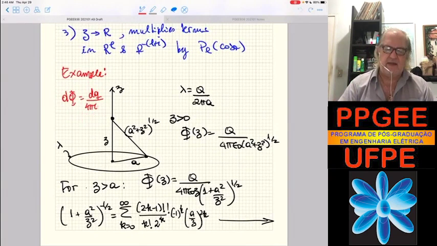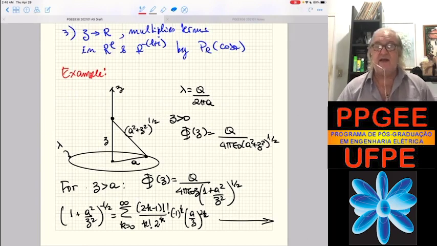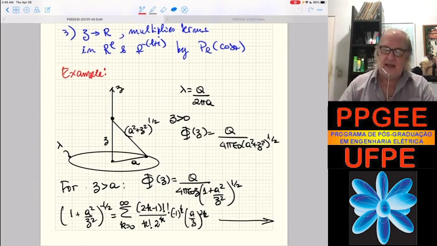Every point on the ring is equidistant from the point on the z-axis. So I have the result on the z-axis. What I have to do is expand this function here, right?